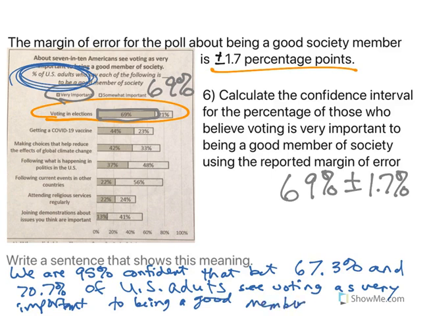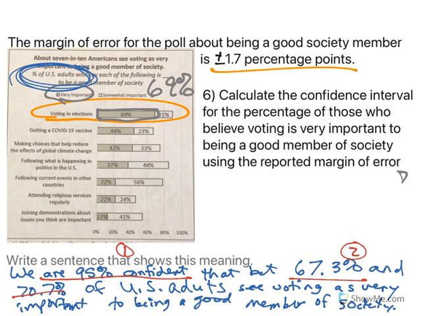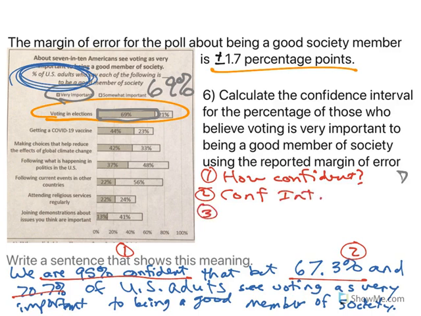Now, I want to point out a few things in this sentence because there are really four main parts. Let me write this down. One, how confident are you? You always want to state how confident you are. Two, you need your confidence interval. That has to be in there. Three, who are we talking about? Who or what, depending on the problem.